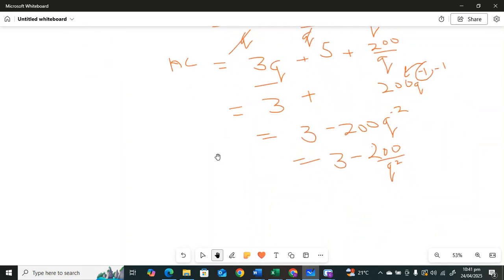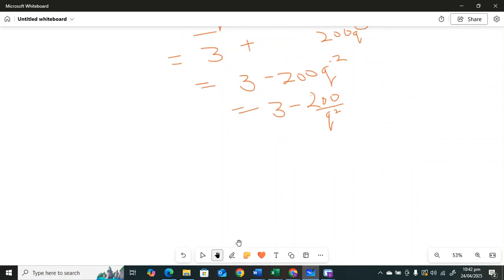Any questions before we go to the next step where we now need to equate this derivative to 0? Okay, so now we equate this to 0.